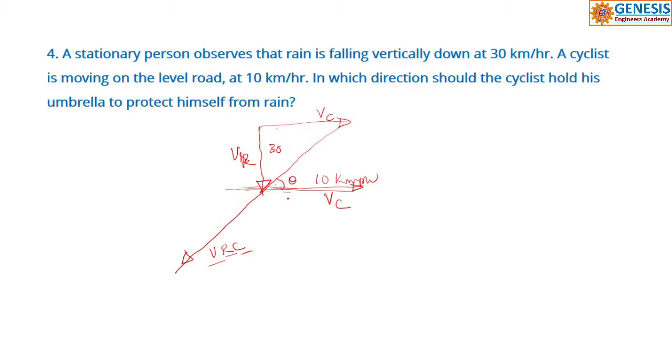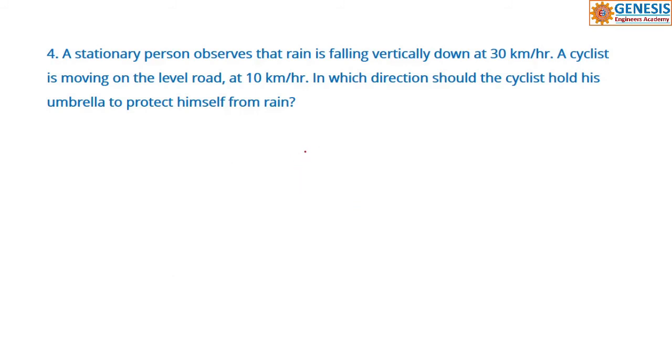Let me explain clearly. First of all, the cyclist is moving in this direction. This is VC, and the rain appears to be vertically downwards, so I will move it down. So this is the rain.